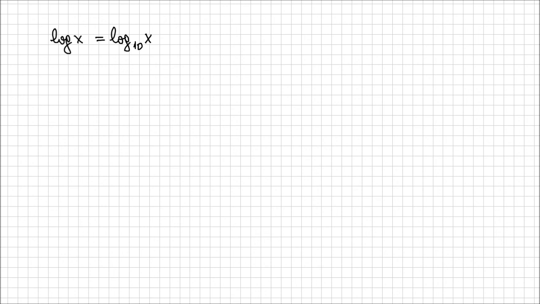A couple of particular situations. Logarithm in base b of 1 is going to be 0, regardless of what the base b is, because basically any number at power 0 is going to give me 1. Logarithm in base b of b is 1, because again any number at power 1 is the number itself.